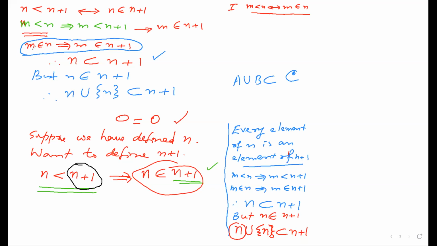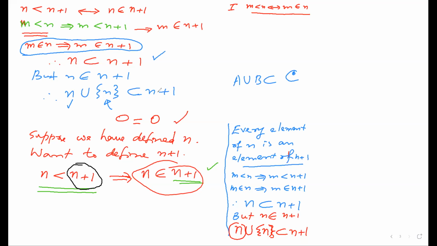Every element of N is in N plus 1. Aha, so this is taken care of. And in the second set, there's just one element, which is N, and N is also in N plus 1. That's right. So this union is a subset of N plus 1.